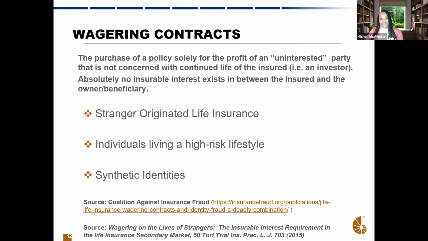So they'll choose someone not terminally ill, but with impaired health. On these other kinds of wagering contracts, again, the high-risk lifestyles, or actually terminally ill patients, they'll pay the terminally ill person to participate in the application and issuance process to get a policy.